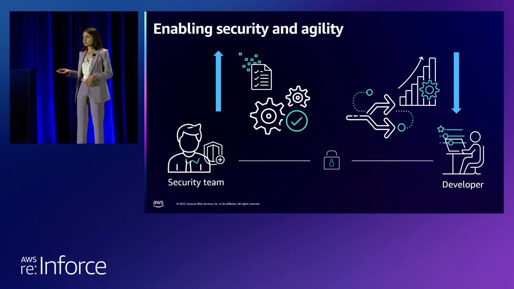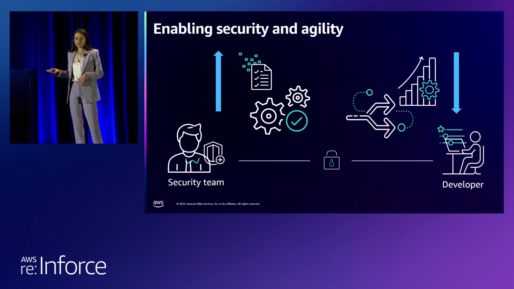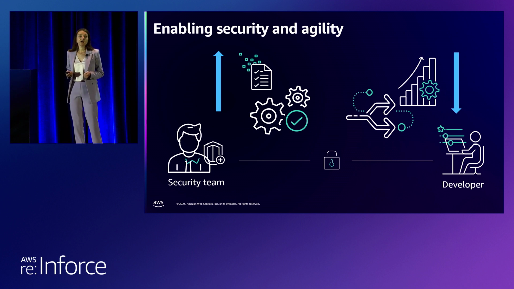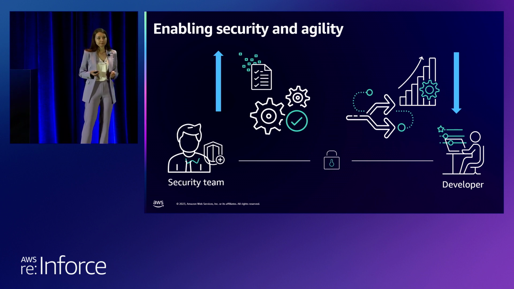You have developers on one side that want freedom to innovate fast, and you have central security teams on the other side that are worried that those developers will accidentally grant public access to data or transfer the data outside of the organizational boundary.